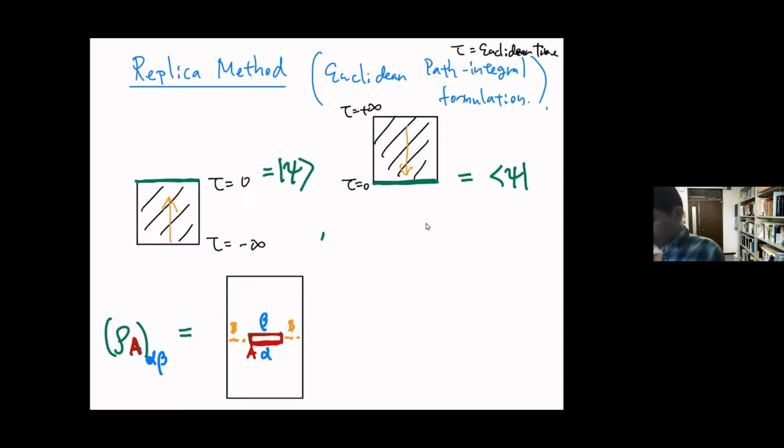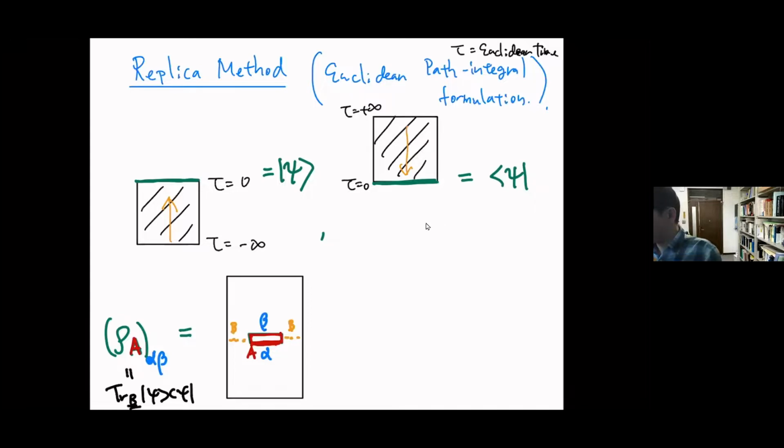And we take the inner product for B, so we glue this line to this line. That means we have already traced out B. Then we have an open boundary, and the boundary conditions beta and alpha are the arguments of this reduced density matrix.